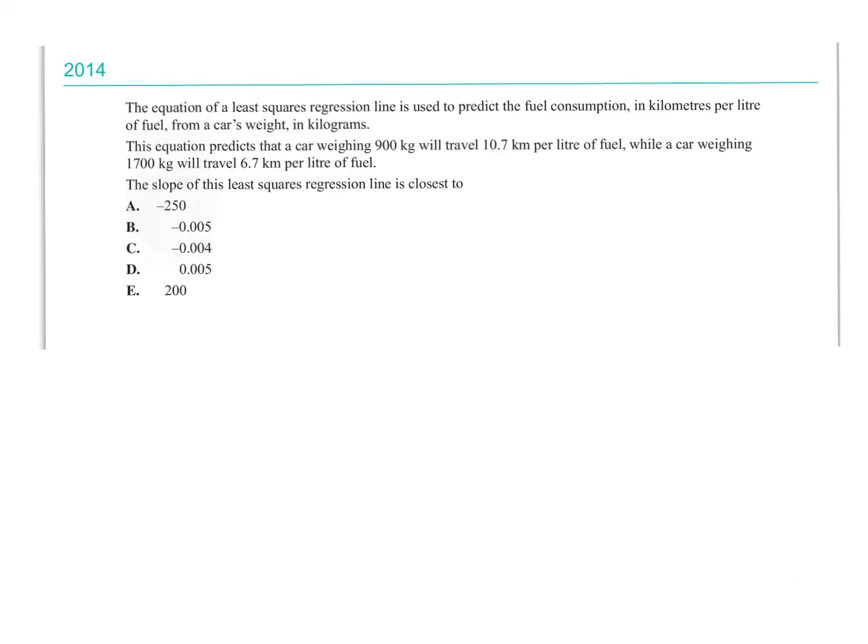Okay, the equation of the least squares regression line is used to predict fuel consumption. So when they say predict fuel consumption, you know that that is your Y, because you're predicting it from a car's weight. So this is response, and the car's weight is going to be your explanatory.